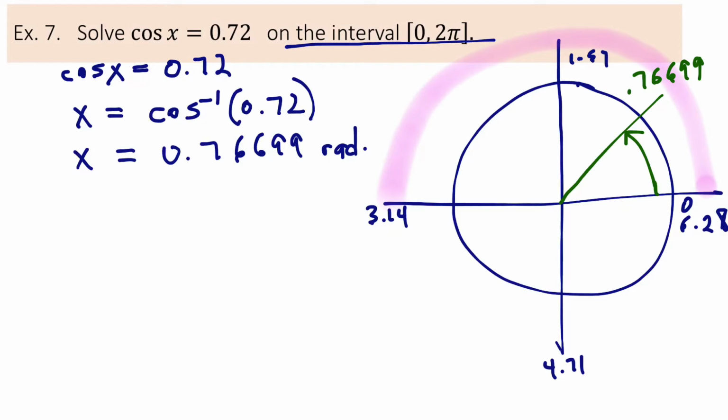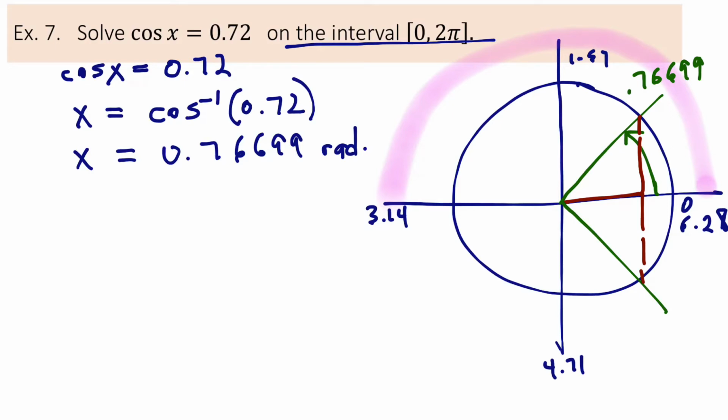That angle has a positive cosine, cosine being your x dimension from here to here. But as we know, there's also another angle in the fourth quadrant that's going to have that same cosine value. So we've got to figure out what that angle is in radians as well.